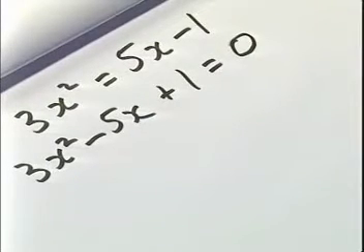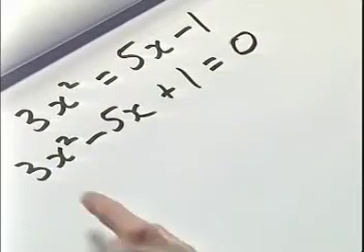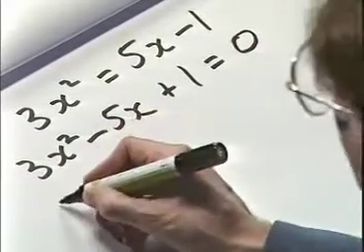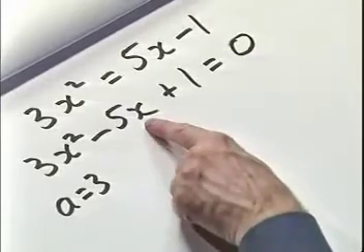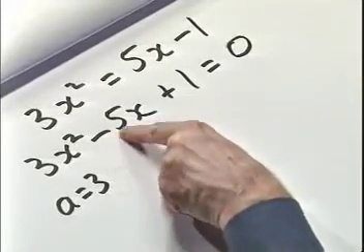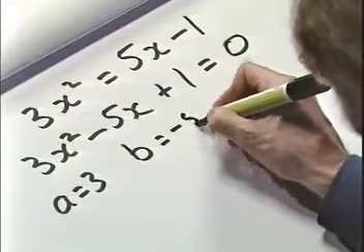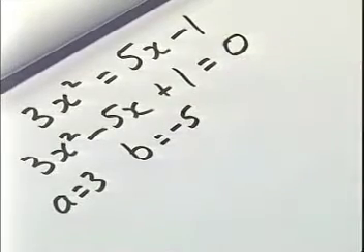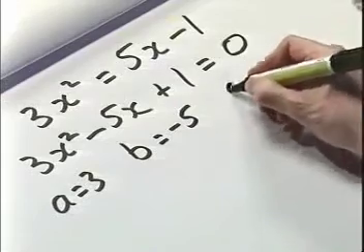Now let's identify a, b and c. a is the coefficient of x squared, which in this case is 3. b is the coefficient of x, which in this case is -5, and c is the constant term, which in this case is 1.